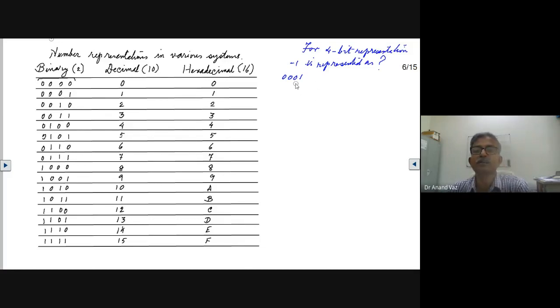So we take 1 as it is, and we take the 1's complement first. The 1's complement is 1, 1, 1, 0. This is 1's complement.